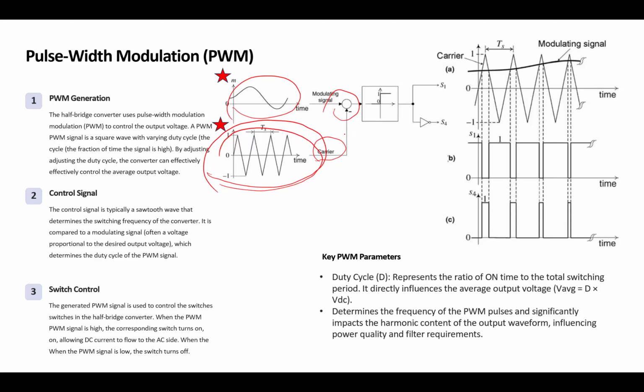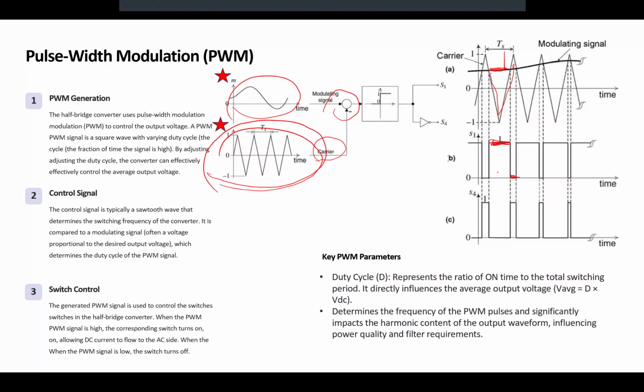For example, you could see here. When is the result going to be positive? When the reference is more than the carrier, right? So here you see the value of the reference is higher than the value of the carrier, so the switch is on. And when it goes lower, the switch is off.